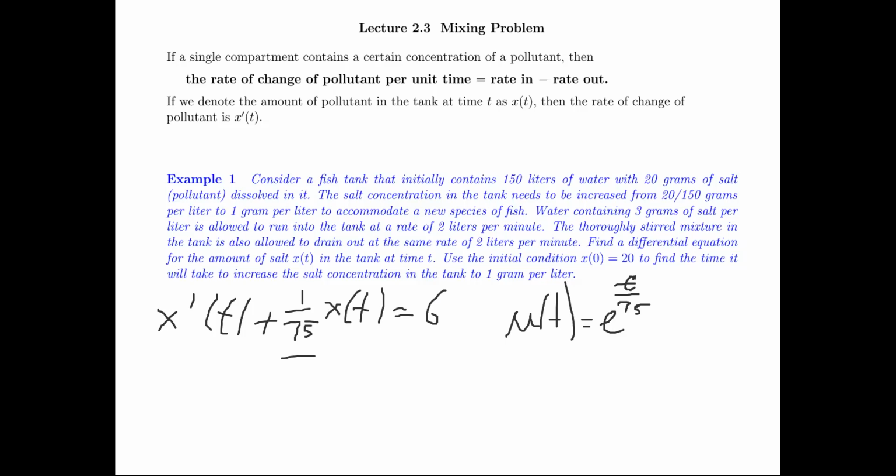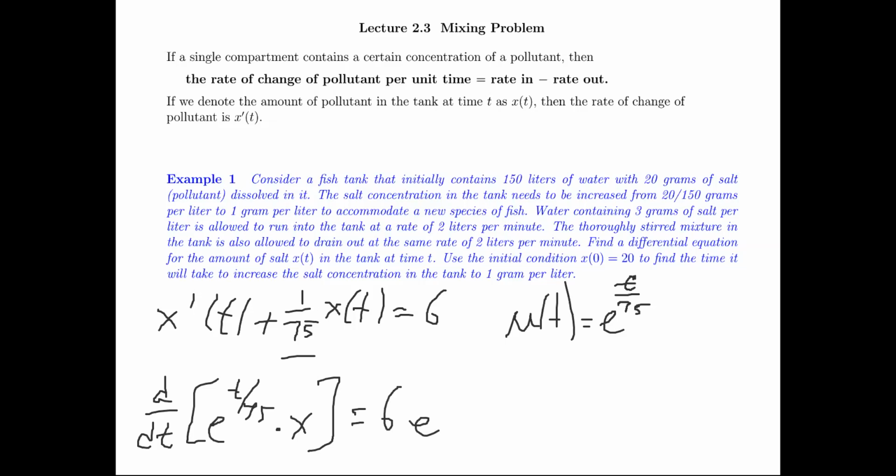Then we multiply that on both sides of the equation, and the left-hand side becomes the derivative of the product, the integrating factor times x, and that's our left side. The right side is just 6e to the t over 75. Now we need to integrate both sides.